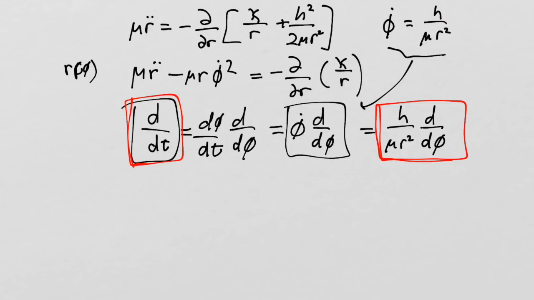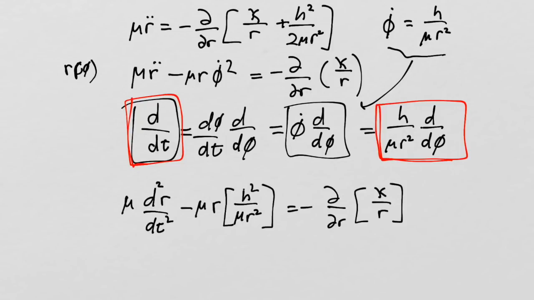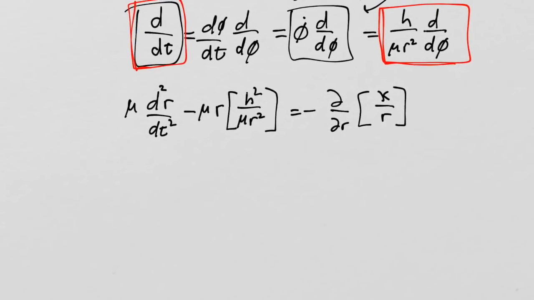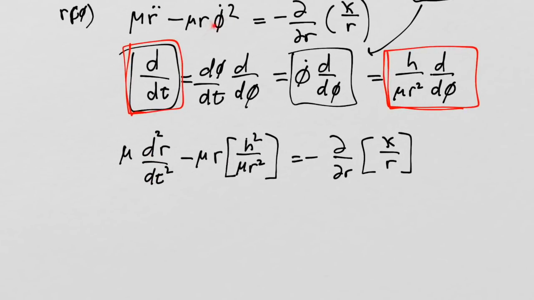So let's do that substitution. I think the first thing I'll do is explicitly put in the time derivative term. Notice these are total derivatives. These aren't partial derivatives. These are ordinary derivatives. And I also substituted for phi dot squared using the constants of the motion to eliminate that here. And then this is the potential.